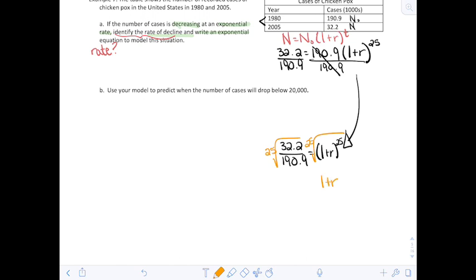Then I'll have 1 plus r equaling the 25th root of 32.2 divided by 190.9. To solve for r, we're going to subtract 1 from both sides. So the rate is the 25th root of 32.2 divided by 190.9 minus 1.